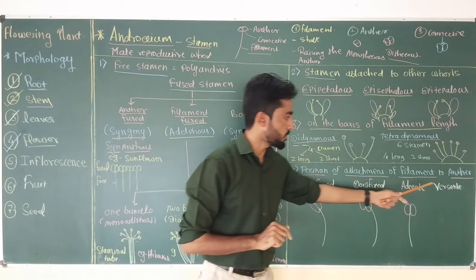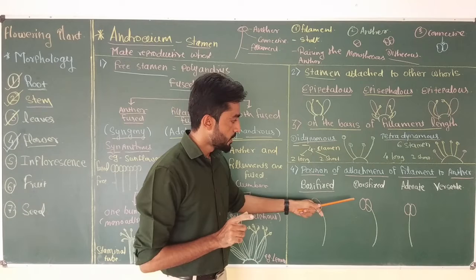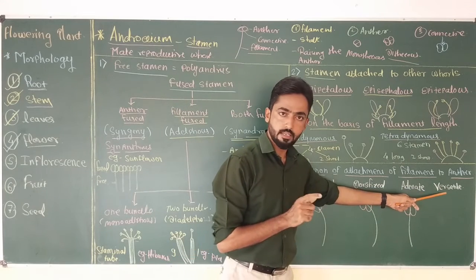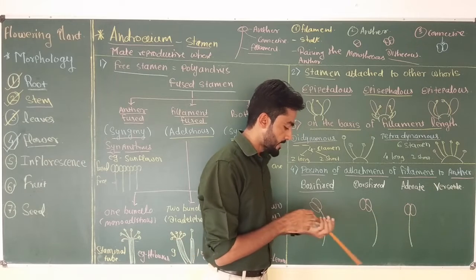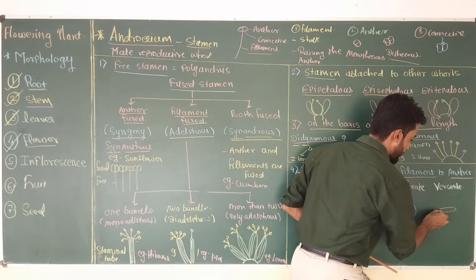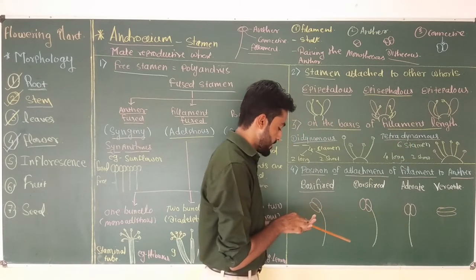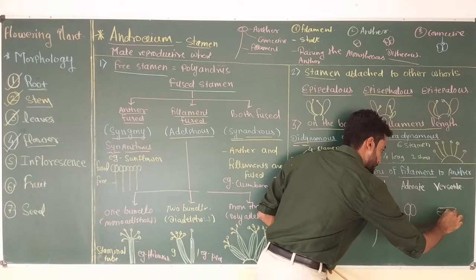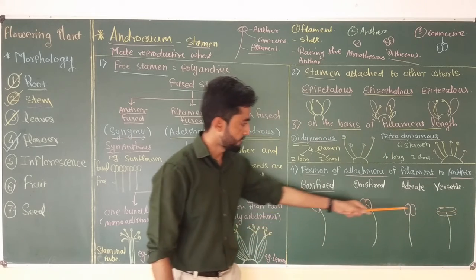Now the next is the versatile type of arrangement. Generally dorsifixed and versatile are the same, but the difference is that in case of versatile, the anther becomes longitudinal or long. So this is a dithecous anther, and the filament is attached to the dorsal position of the anther.